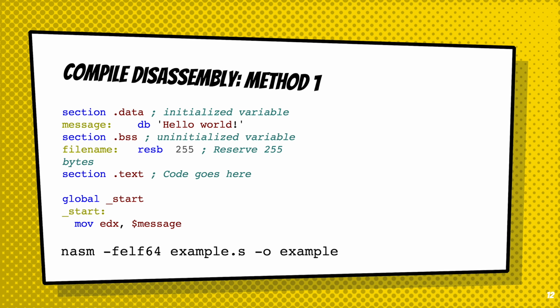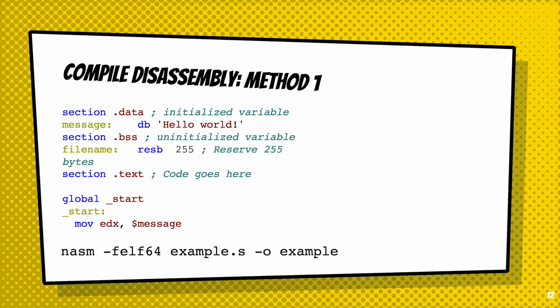Here, I'm going to provide two methods to compile disassembly. One way to compile it is to use NASM. This is an example that you can write and compile by NASM. There are three sections in the assembly. The first section is the .data section, which stores initialized variables.